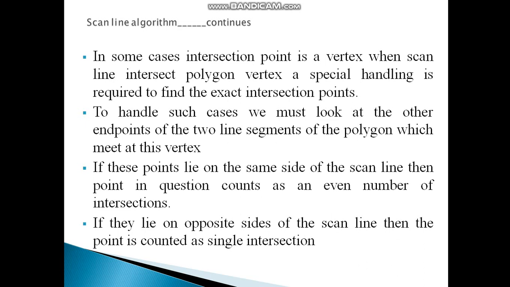Then, if the scanline intersects a polygon vertex, special case handling is required. If the points lie on the same side of the scanline, then the point is counted as even, and if the lines are on opposite sides of the scanline, the point is counted as a single intersection.